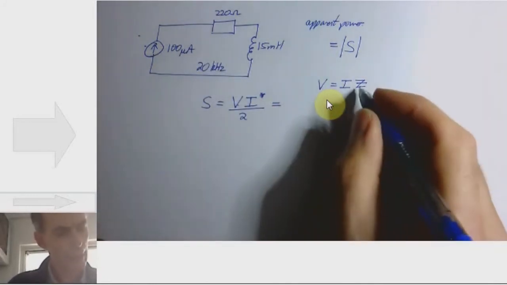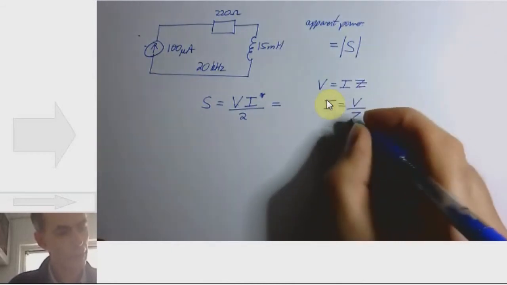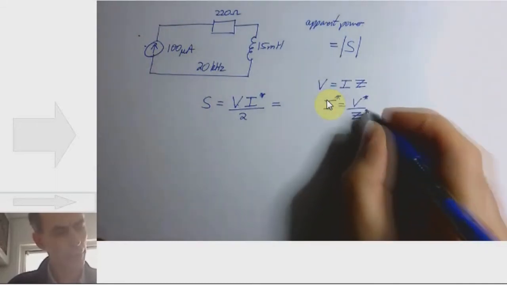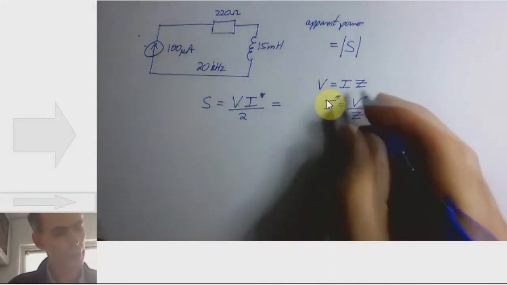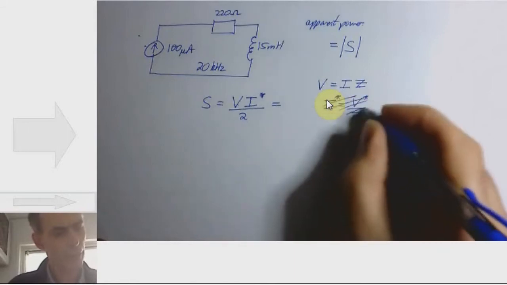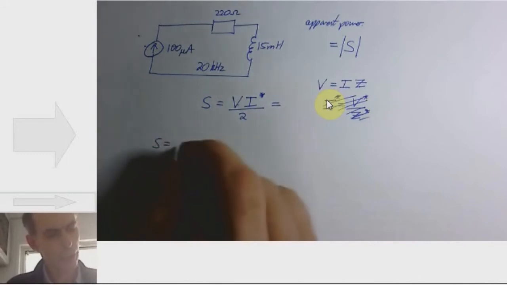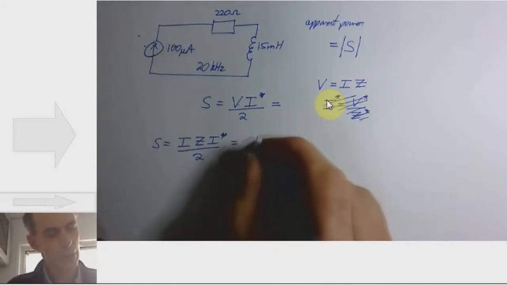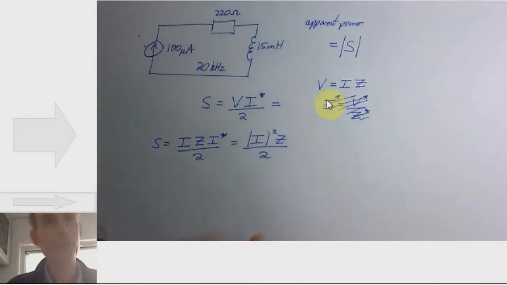Actually, wrong way round, I want to get rid of V, don't I? Substitute in for V and get S equals I times Z times I complex conjugate divided by 2, which is the magnitude of I squared times Z over 2.